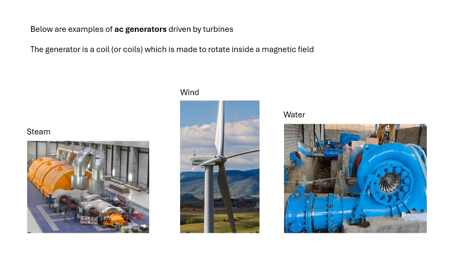It doesn't really matter, that would work as well. In fact, for the big ones, it's coils rotating inside electromagnets. Nevertheless, in the steam turbine, inside the wind generator attached to the blades, and in the water turbine as well, they all have AC generators inside, rotating coils.